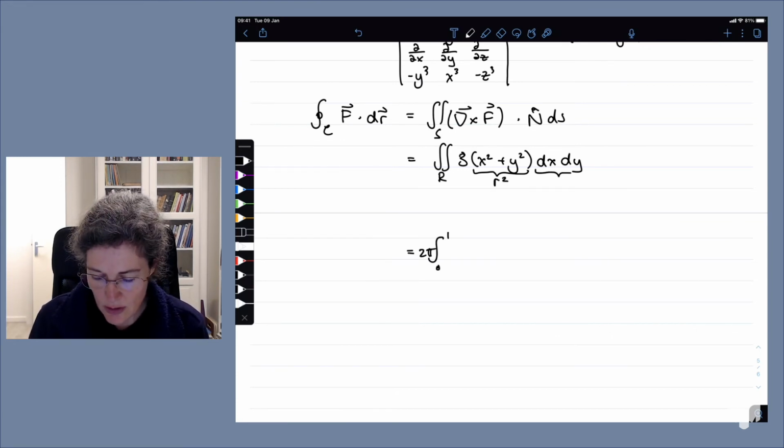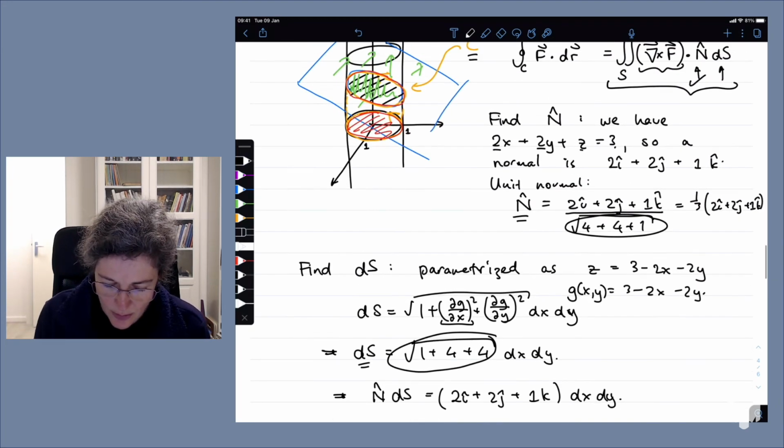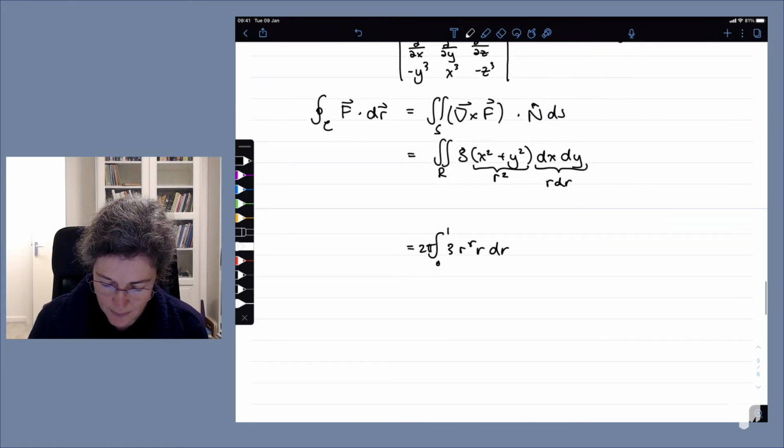And if I change this, it's going to give me an r dr. So I'm going to get a 3r squared r dr. And I'm going to integrate from 0 to 1 because my radius is going to start at the origin and integrate up to 1. And so finally I end up with 3 pi over 2.